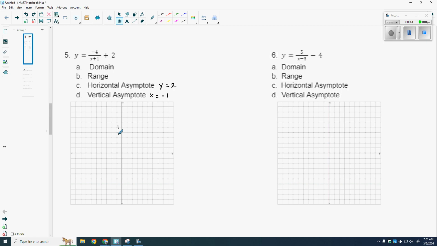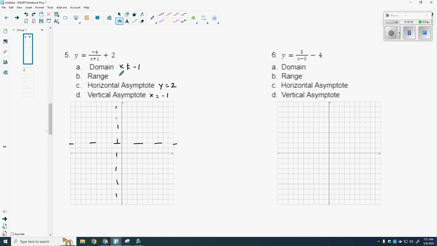Plot those 2 points, or not points really, but those 2 lines. My domain, pretty easy. x cannot be whatever the vertical asymptote is. x cannot be negative 1. You can write the fancy notation if you want it. Value for x such that x is not equal to negative 1. I don't require that, but you can if you want.